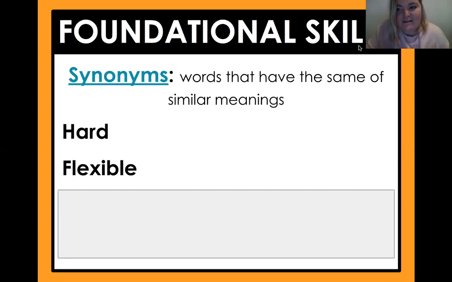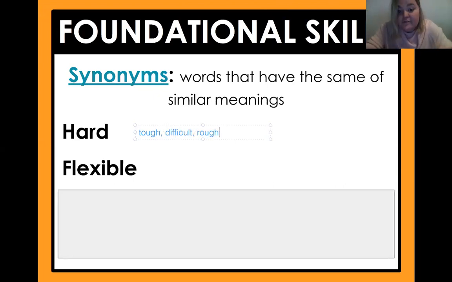So can we think of some words that mean the same as hard? Maybe it could be tough. I heard somebody say that. Hard, maybe difficult.